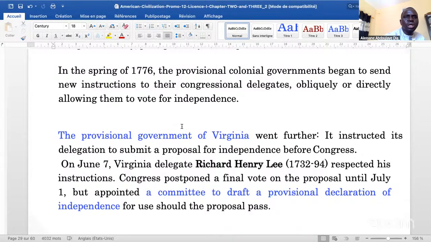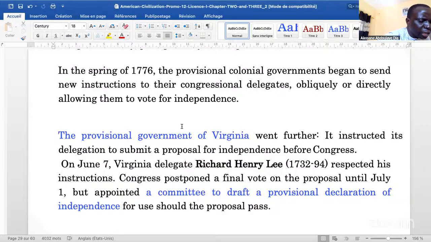All right. So in the spring of 1776, the provisional colonial government began to send new instructions to their congressional delegates, obliquely or indirectly allowing them to vote for independence. So as early as the spring of 1776, the colonies had their local governance. For example, the colony of Massachusetts had its own local government.